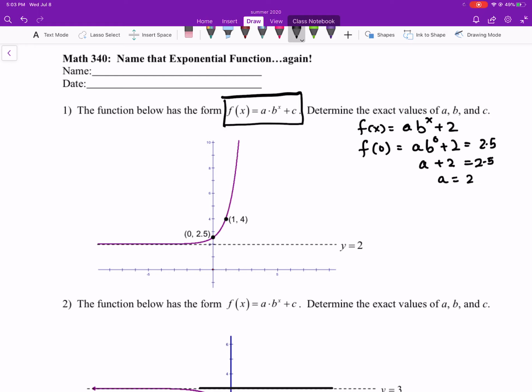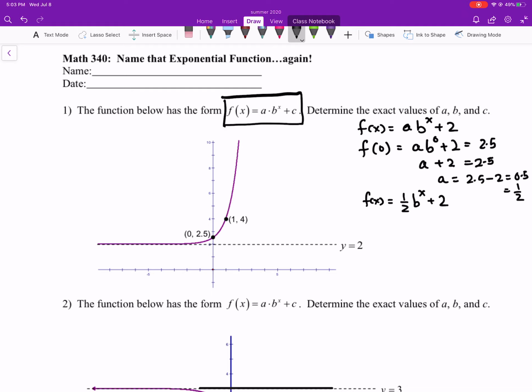A is 2.5 minus 2, which is 0.5, or half. Anything raised to the power 0 is going to be 1, so that's how b disappeared, and I was left with just a. So now my function reads 1/2 b to the x plus 2.